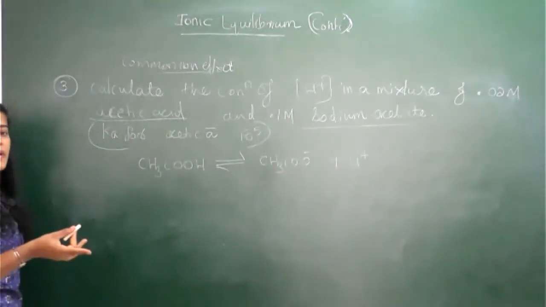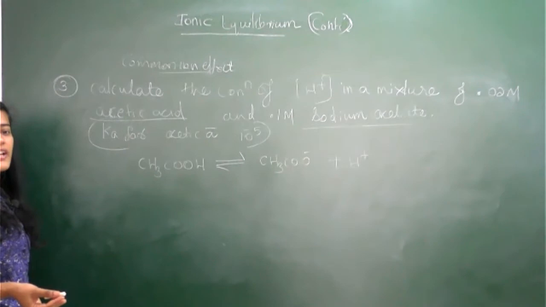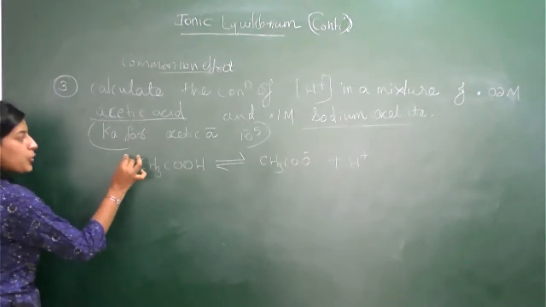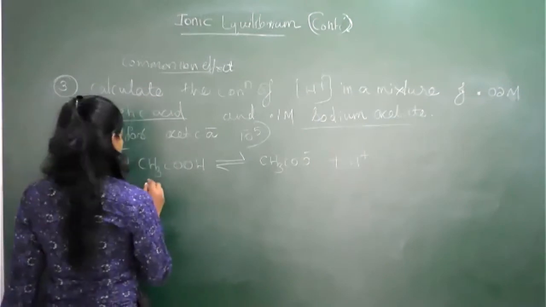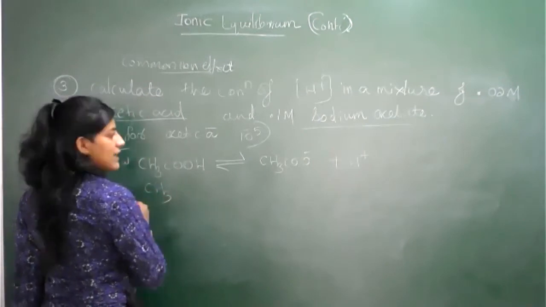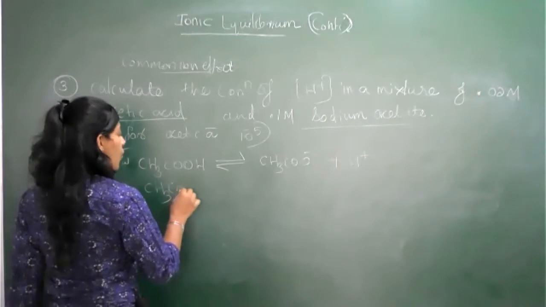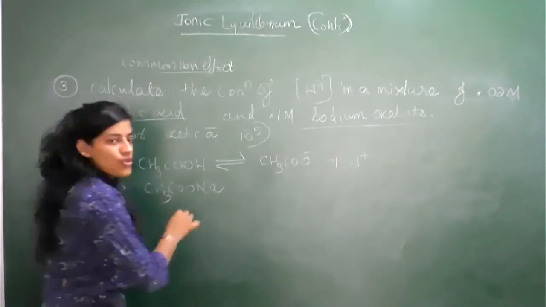Should sodium acetate be a strong or weak electrolyte? One should be weak and the other should be strong. So sodium acetate is CH3COONa.